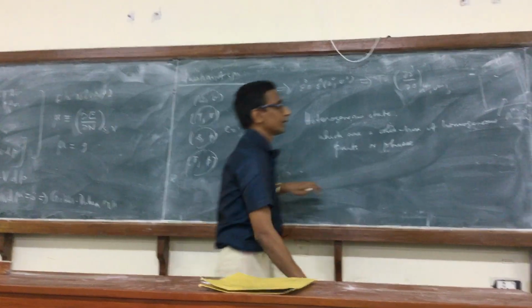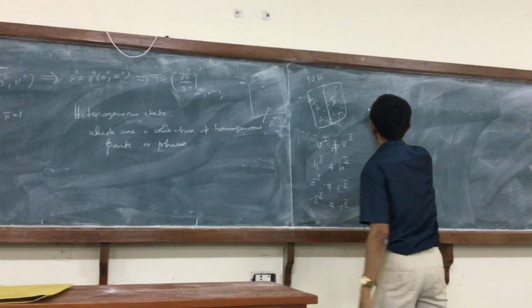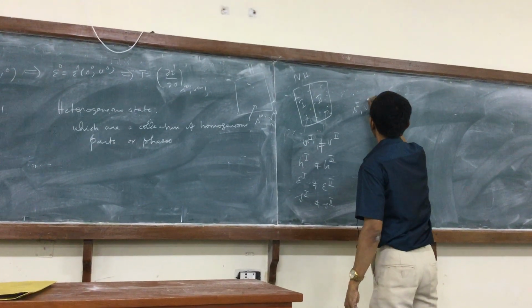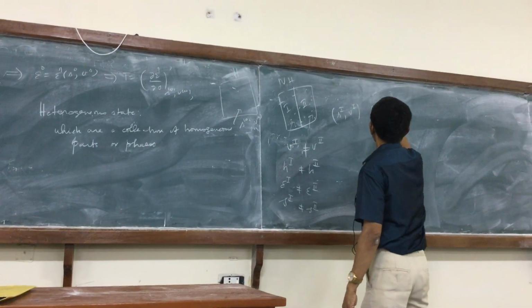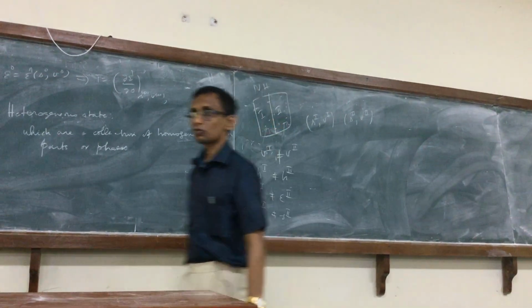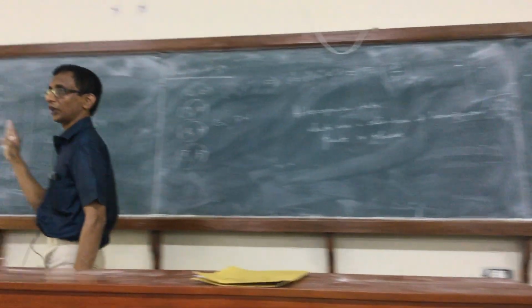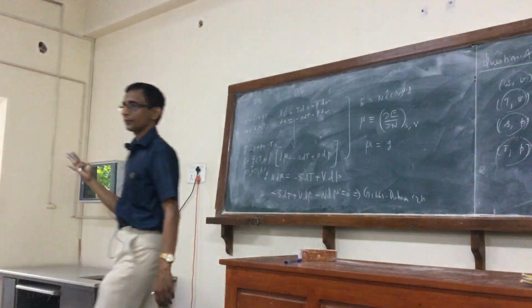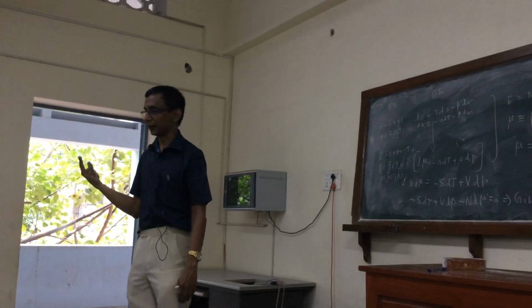You might say that here, for instance, I will specify S1, V1, S2, V2. So 4 variables, 2 for each phase. It seems very simple to extend it like that.